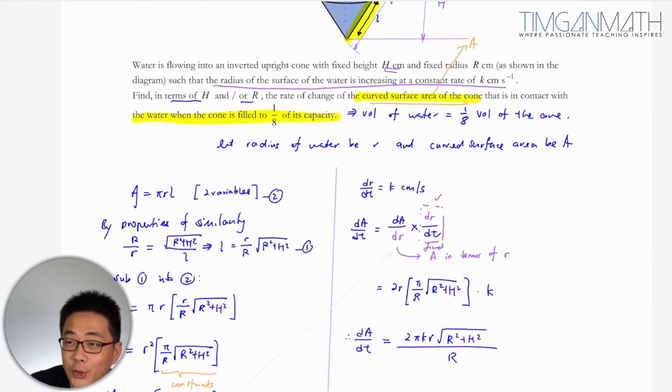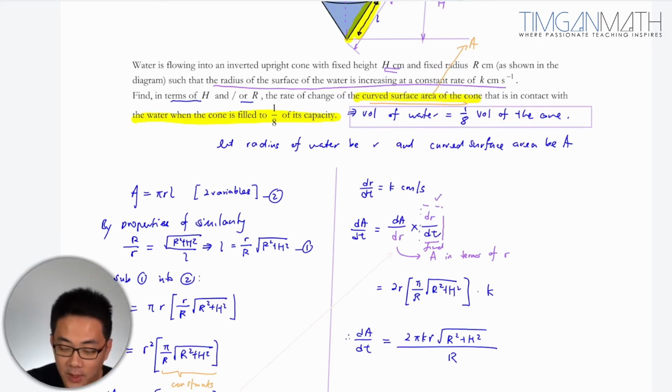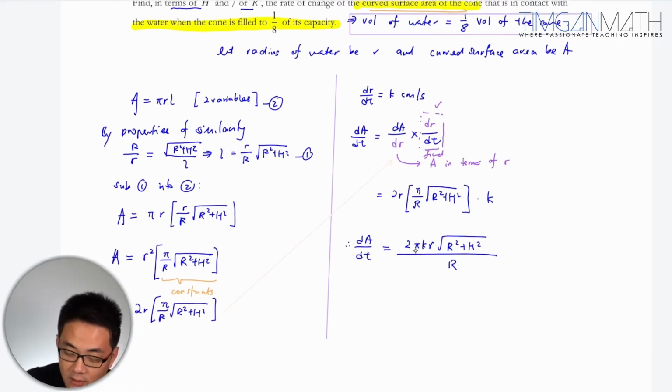Then the next thing we need to do is, at this juncture, meaning at this specific value, at this boundary condition here, what is the rate of change in terms of r and h? Because now we have r and h, capital R, capital H. There's a small r there, so we're just going to find it.